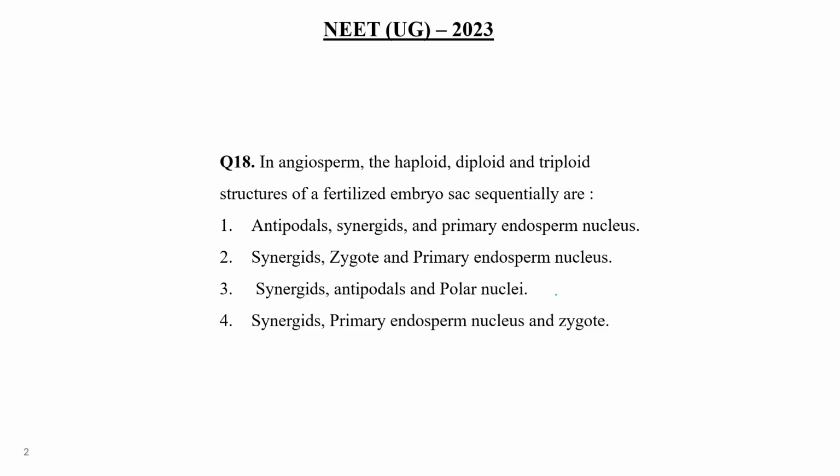You have to think very quickly about the structure of the fertilized embryo sac. What kind of cell is haploid in nature, what kind is diploid, and what kind of cells contain the triploid form, right? So just take your 5 seconds.